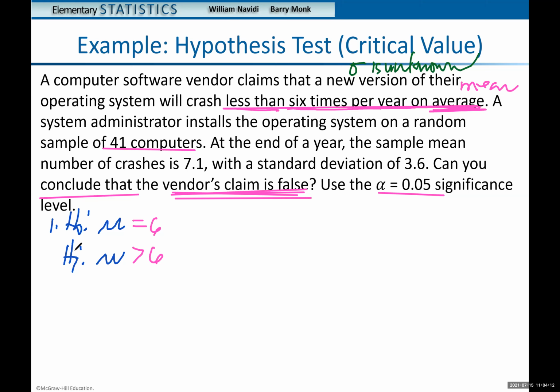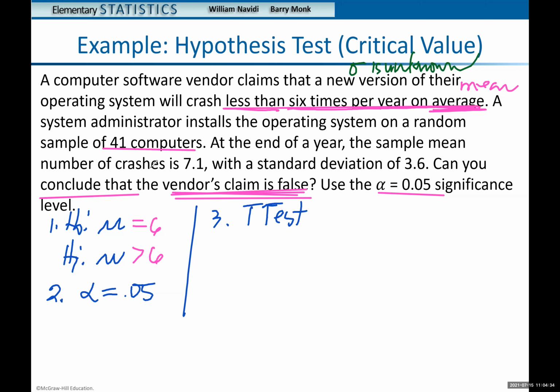And then step number 2, I'll show you something later. Don't worry. Your alpha is 0.05. Then step 3, you have to use the t-test here. So do that now.